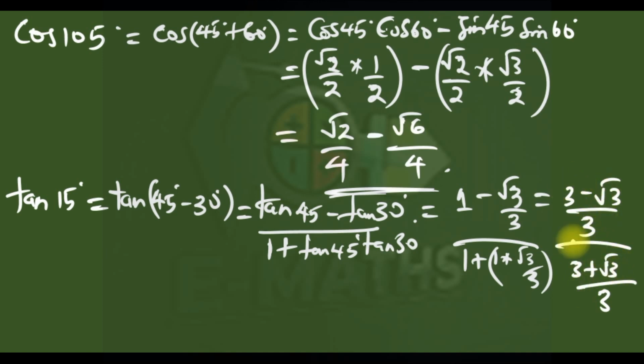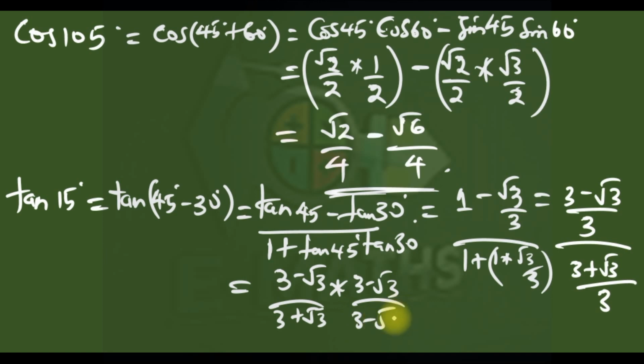So this divided by this, we have 3 minus root 3 over 3 plus root 3. And we can rationalize. Do you remember? Removing the radical sign from the denominator is rationalization. So we multiply by the conjugate, which is 3 minus root 3 over 3 minus root 3.